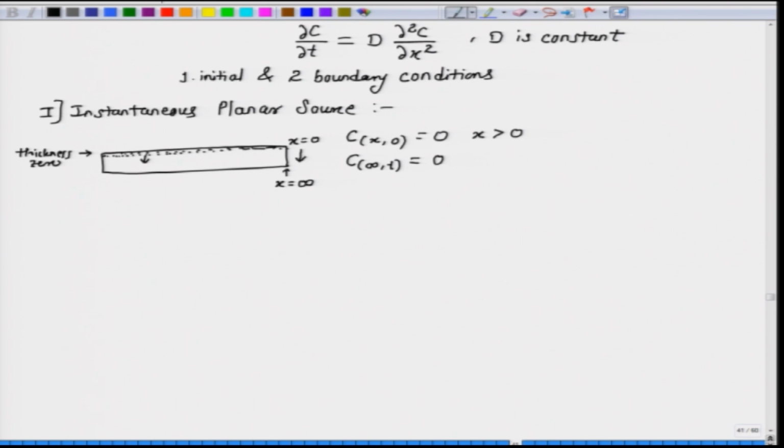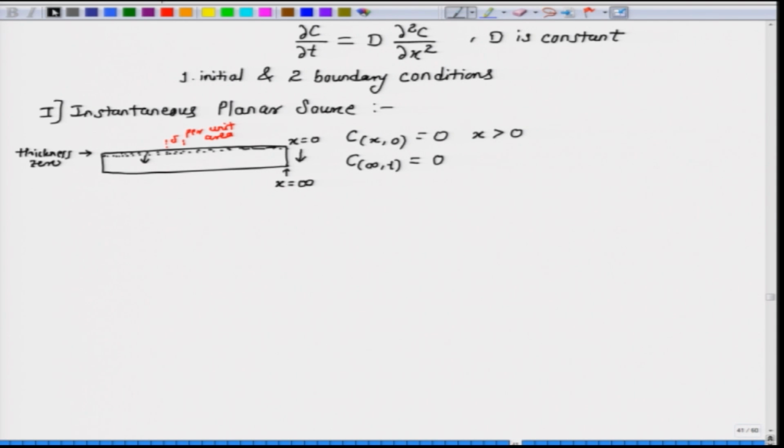What is the second boundary condition? So, initially we deposited some quantity of material B. So, let us assume that the quantity that was deposited per unit area, let us say, is delta per unit cross sectional area, and after that we are not adding or removing any material, right. So, this delta amount per unit area, if we just follow the unit cross section, and this is a unidirectional diffusion, right.